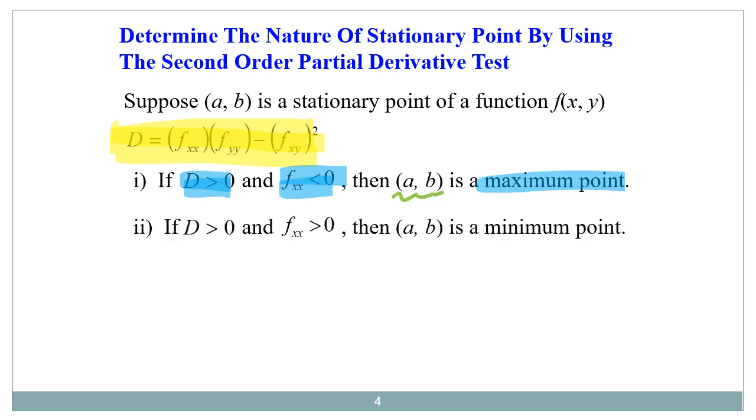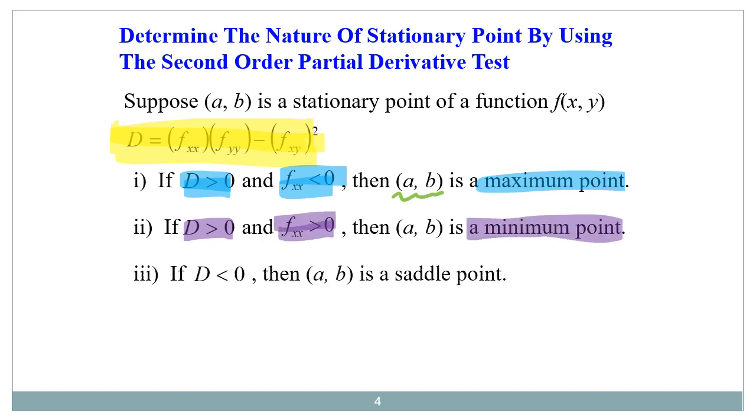But if we have D more than 0 but f sub xx also more than 0, then it is a minimum point. However, if D is less than 0, then (a, b) is a saddle point.